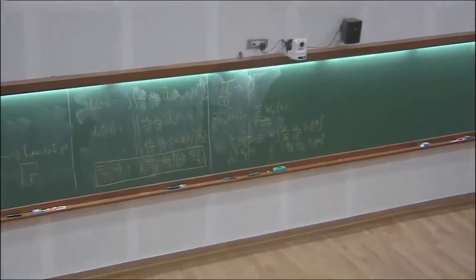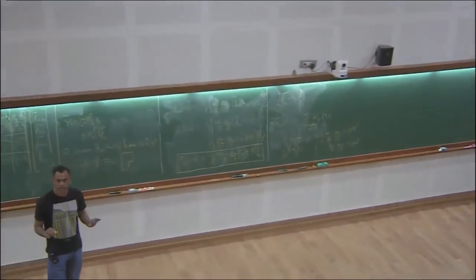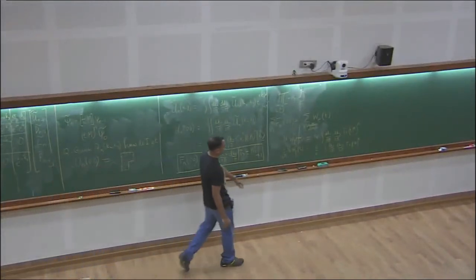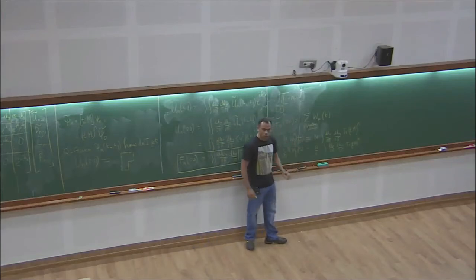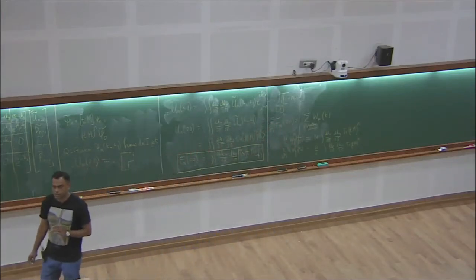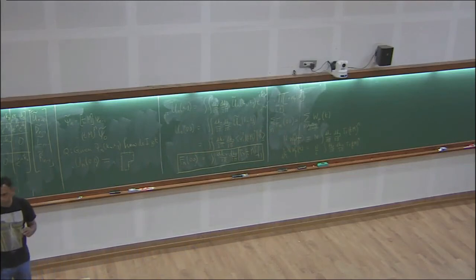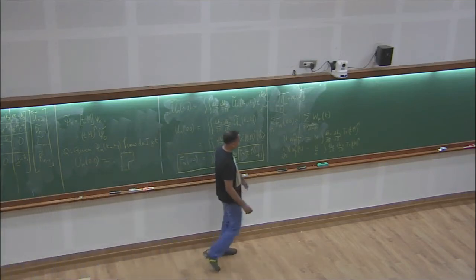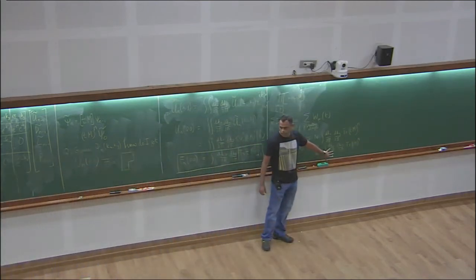Capital N is the number of sides in the lattice. So this right-hand side corresponds to counting over all possible walks which have two of those properties which we didn't want, the cyclic property and the inversion property. But they still have the property that they could be periodic. This particular sum also contains the contribution from walks which are periodic.